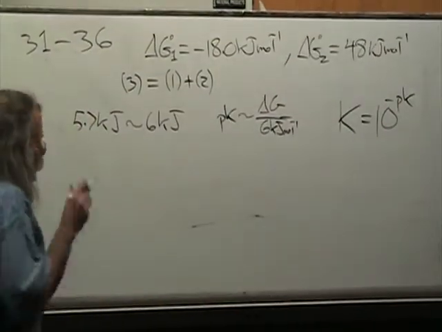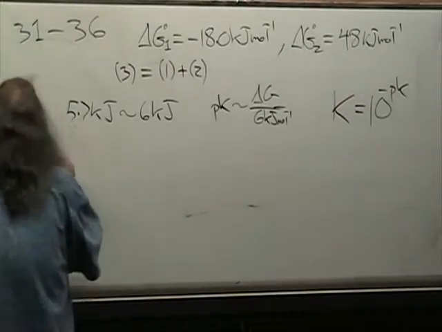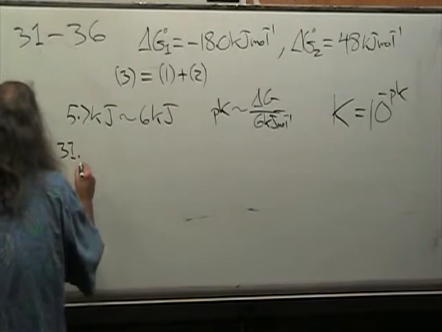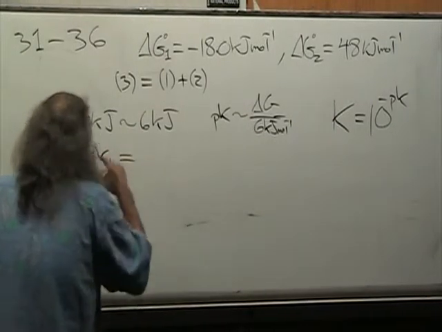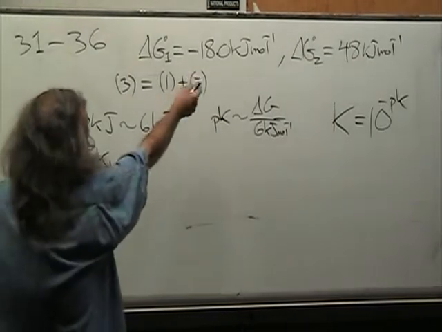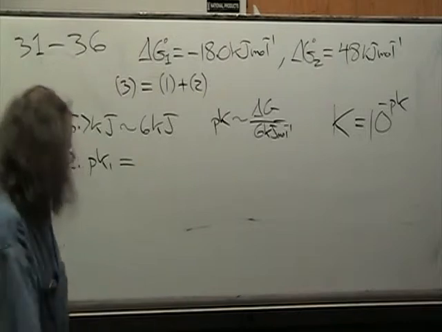Now, what were the questions? For 31, pK1 is going to be equal to what? What's minus 18 divided by 6? 3.